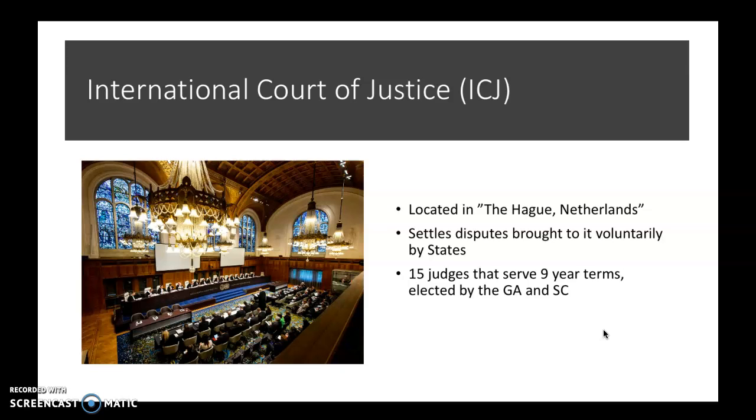So Charles Taylor, the previous authoritarian dictator of Liberia, is an example of this, if you'd like to look up more information about that. One last thing to note, there are 15 judges that serve 9-year terms, and those judges have to be elected by the General Assembly and the Security Council.